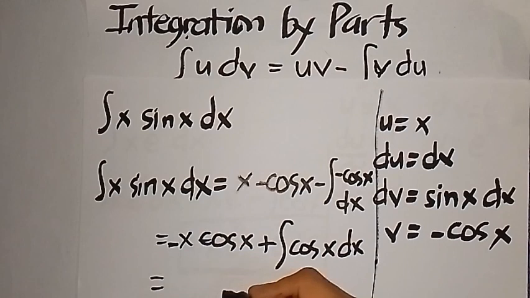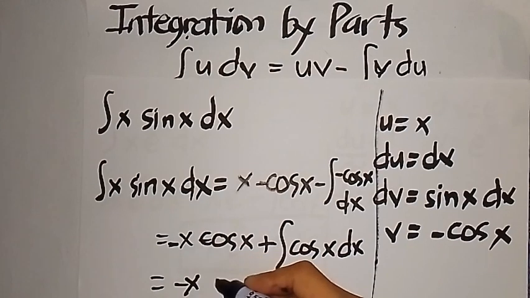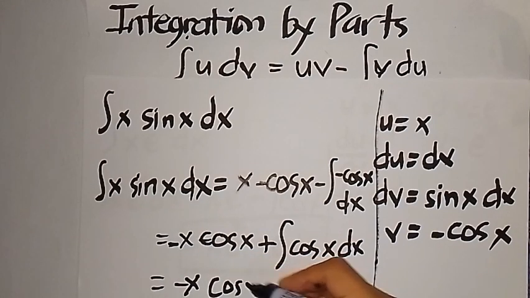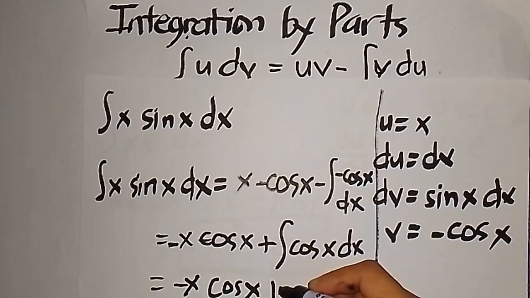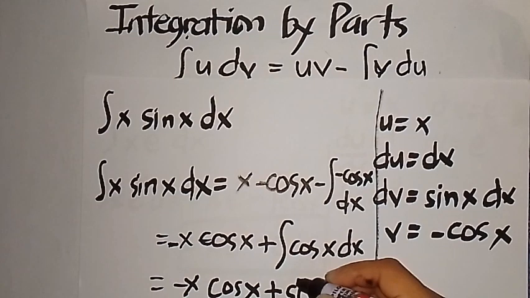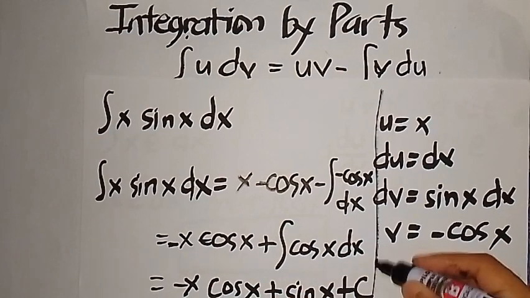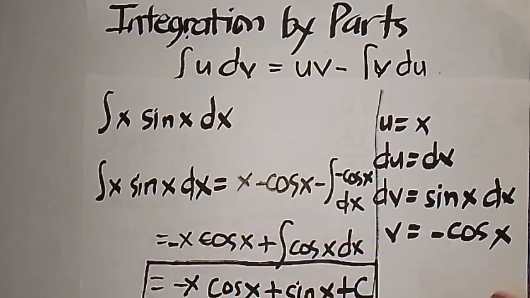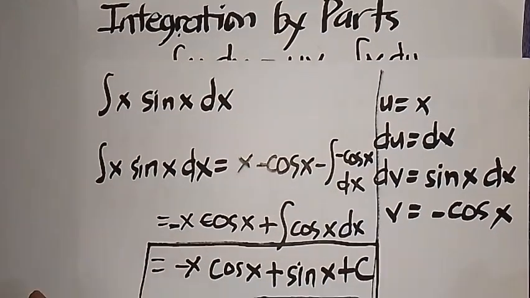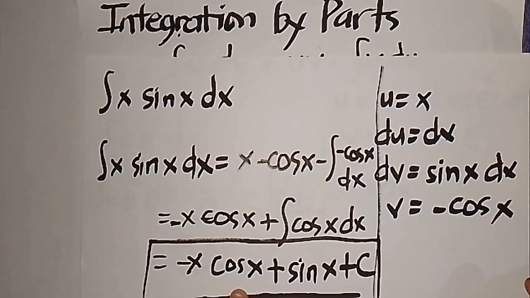Simplify again, so we have negative x cosine x plus the integral of cosine x dx, which is equal to sine x plus the constant. So that's our final answer by using integration by parts.